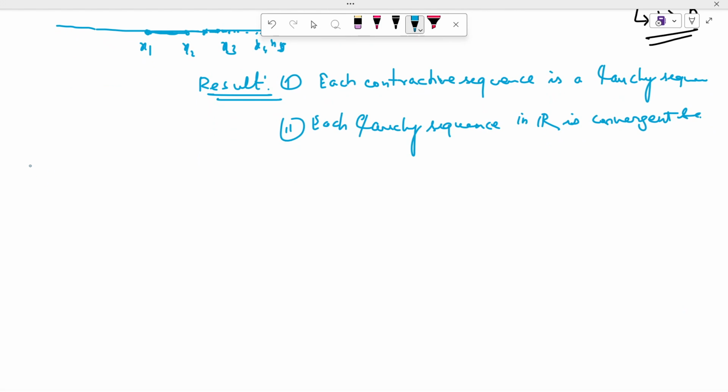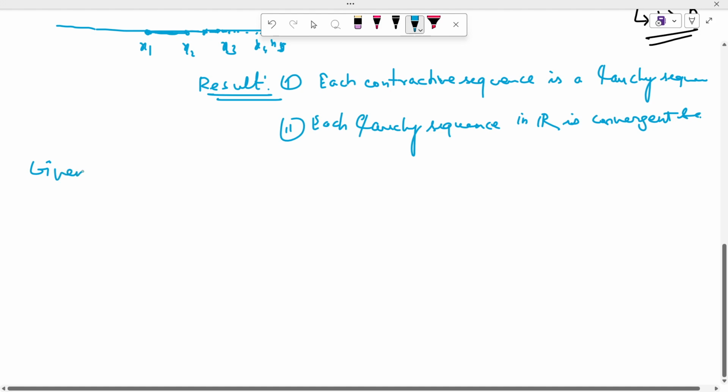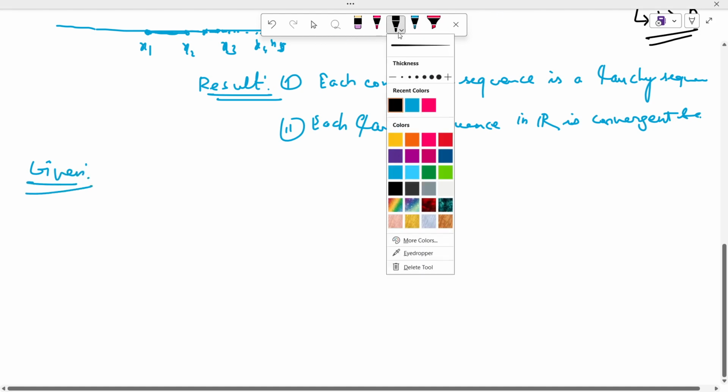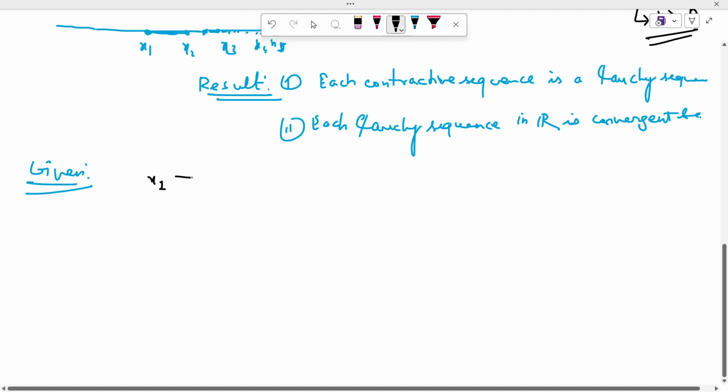Question. Given a sequence, x1 is equal to 1 and x2 is equal to 2, and x(n+2) is basically the arithmetic mean of the previous two terms.